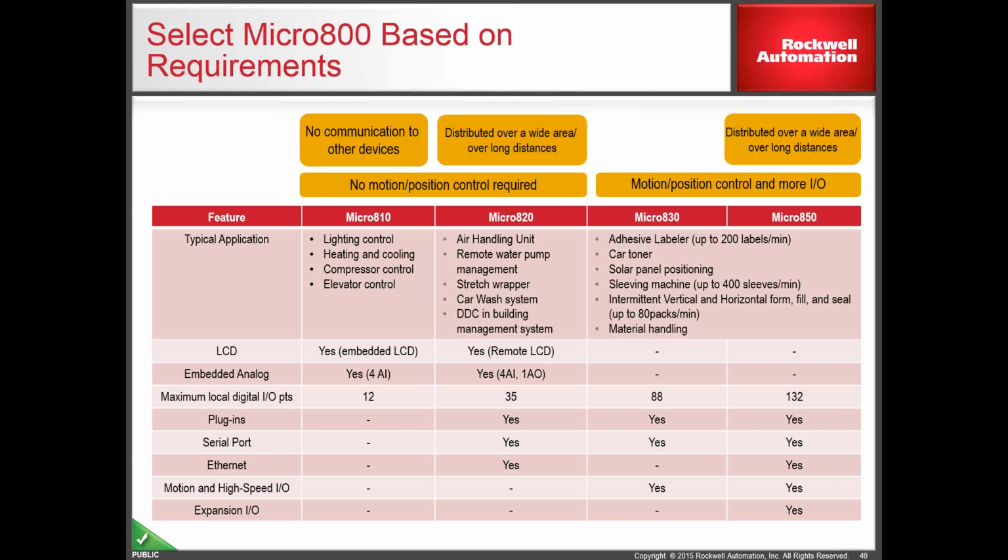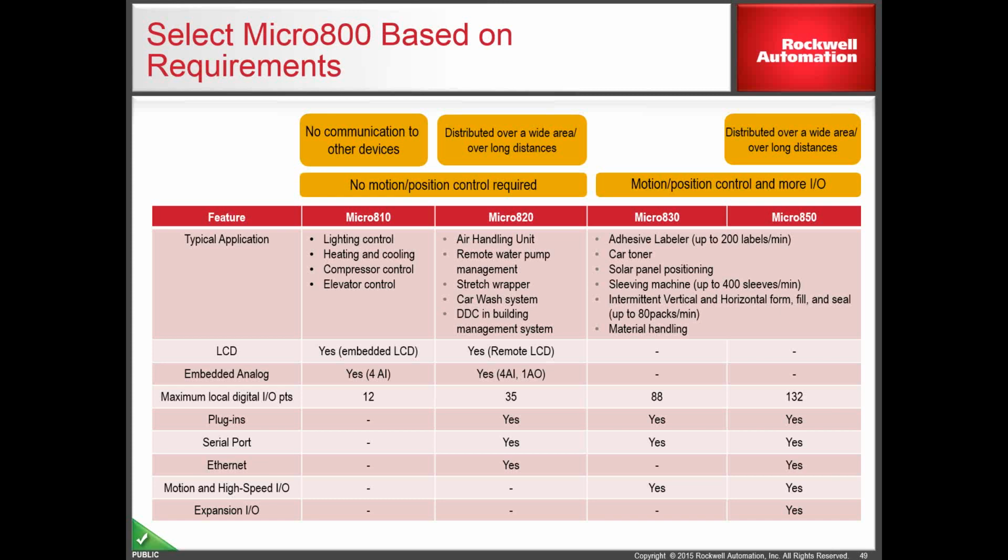It can be used as a DDC in building management systems, because a PLC has an edge over a DDC. Whatever DDC has been used today in building management systems can be replaced with a Micro820 controller. Then Micro830 can be used for packaging applications, primary and secondary packaging.